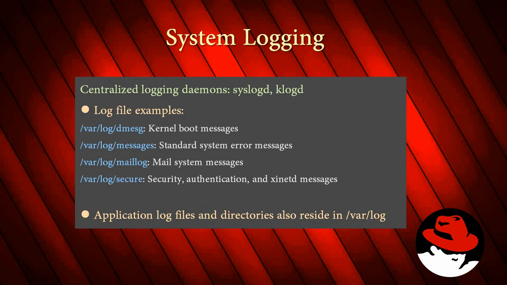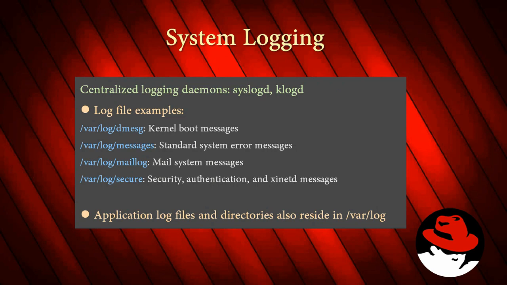We could check these log files. The log file examples could be checked, such as the kernel boot message with dmesg, in log under the var directory. Similarly, we can check standard system error messages, email system messages, security authentication, and init messages.